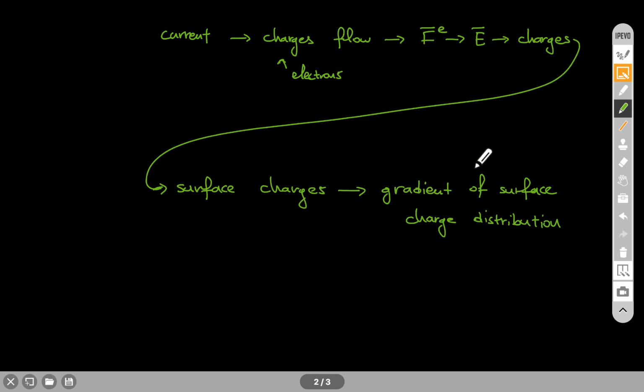So you will see me in more complicated examples using the gradient of the surface charge distribution to show how that gradient can result in the current.